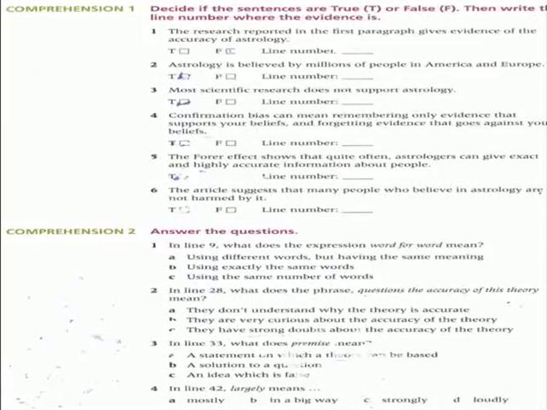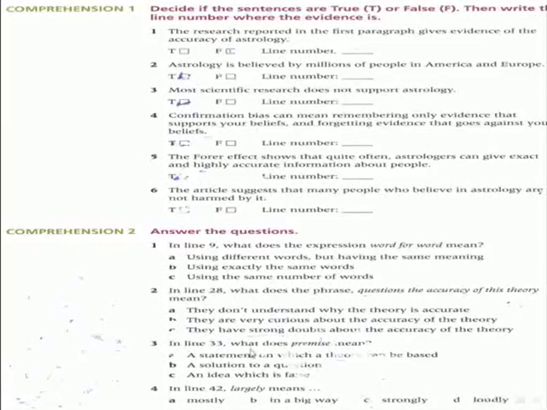Does it mean A, they don't understand why the theory is accurate, or B, they are very curious about the accuracy of the theory, or C, they have strong doubts about the accuracy of the theory.